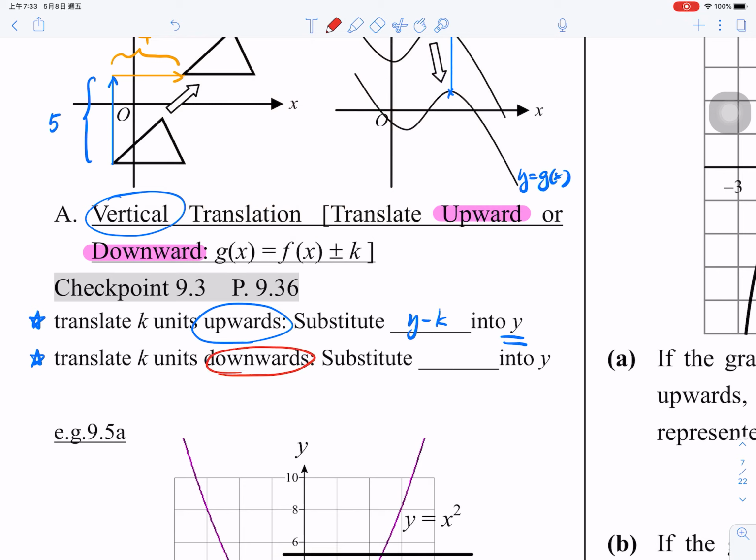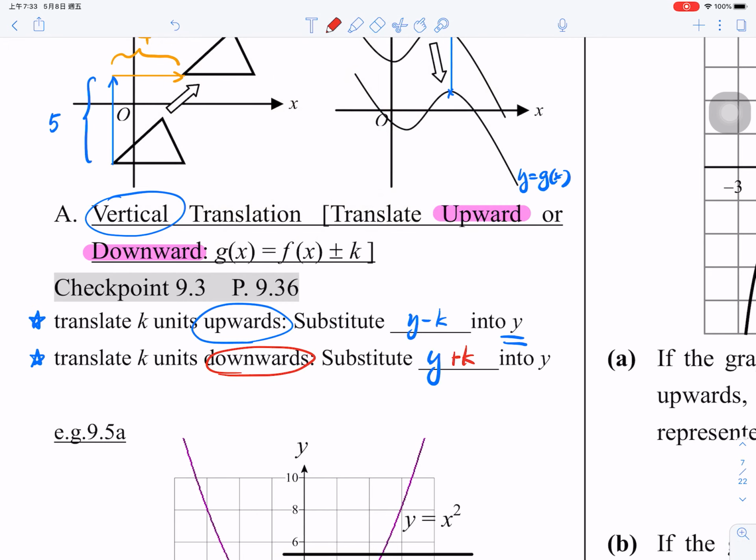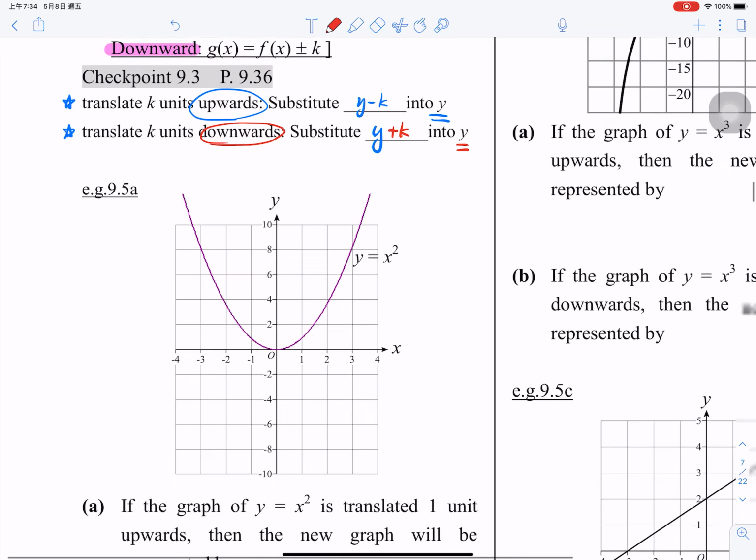If translate downward, then substitute y plus k into y. What does this mean? Let's see some examples here.